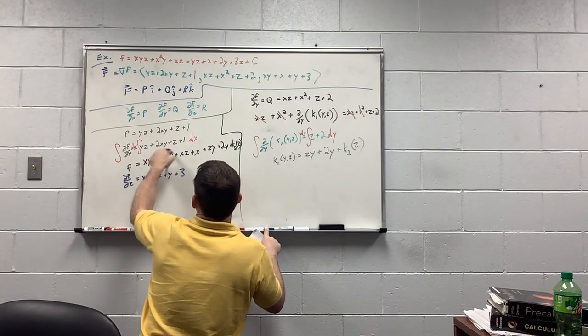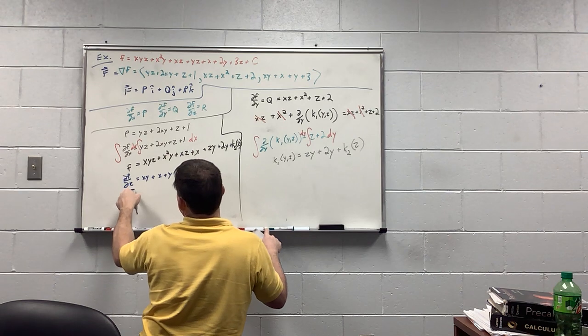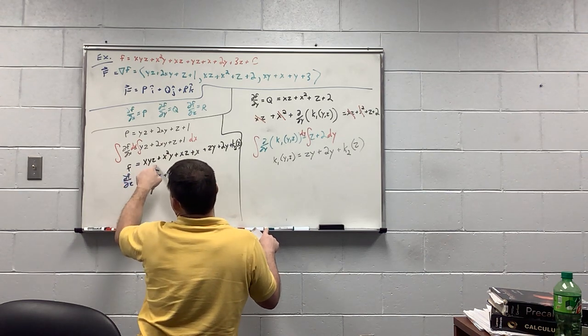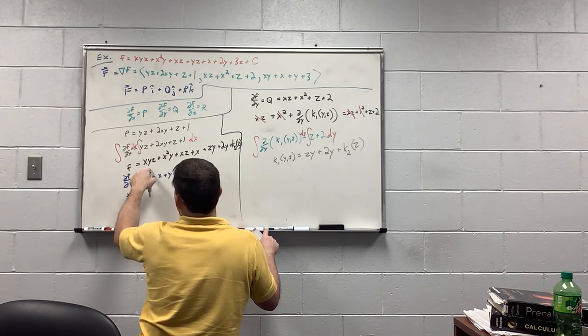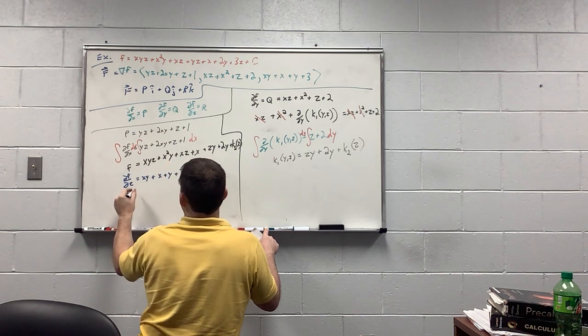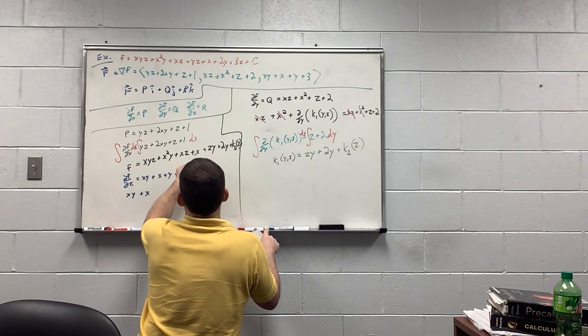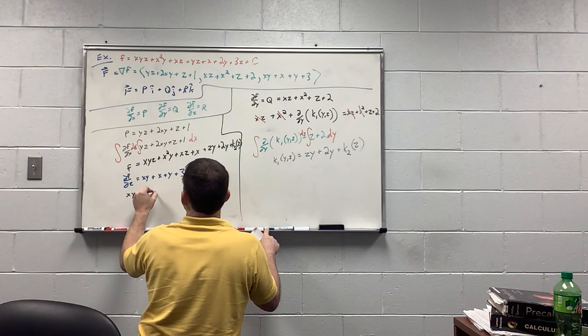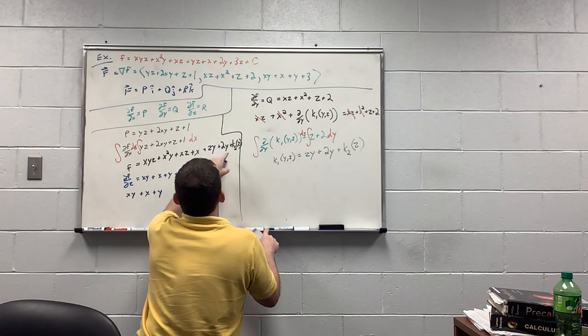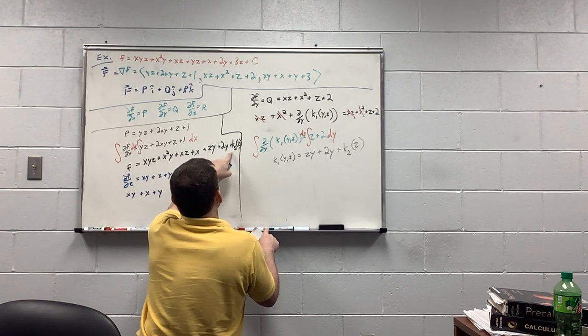Now take the partial of f right here with respect to z, and I get xy, that will be 0, that will be x, that will be 0, that's zy, so that'll be a y. 2y, that'll be 0 with respect to z.